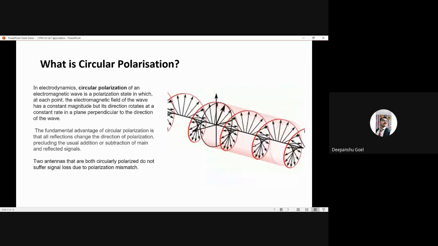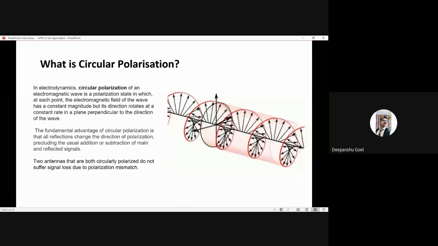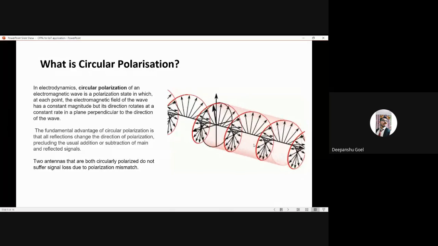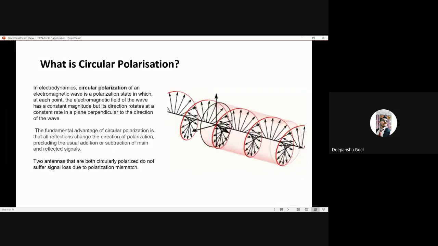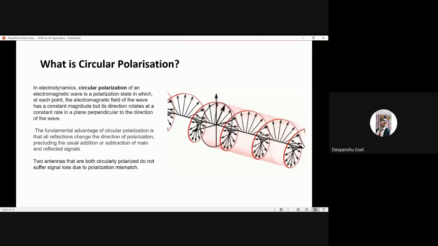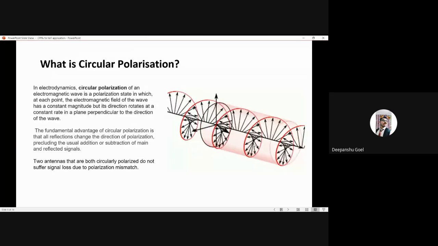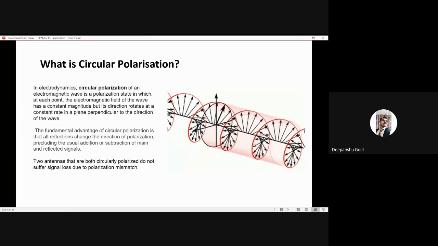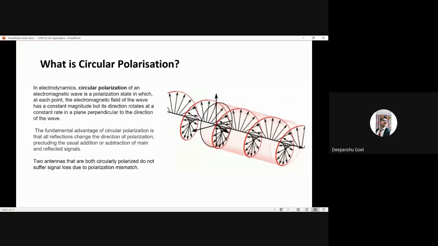As all of you are familiar with the concept of circular polarization, it is actually a resultant wave which rotates at a constant rate in a plane perpendicular to the direction of the wave. Circular polarization helps not to suffer signal loss between two circularly polarized antennas.